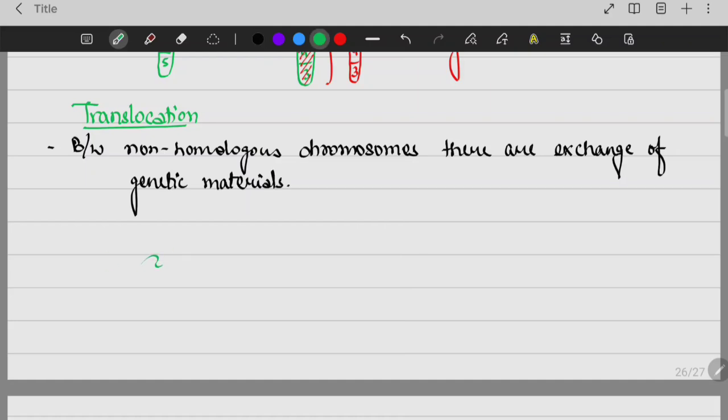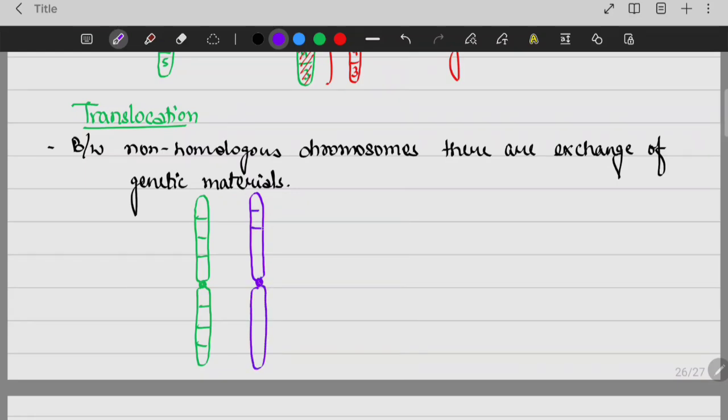If I show this with a diagram, this one is a chromosome, and here another chromosome is present. Now here we can see that there is translocation between this one and this one. So there will be some kind of change between the non-homologous chromosomes.